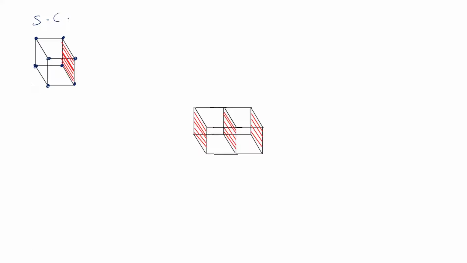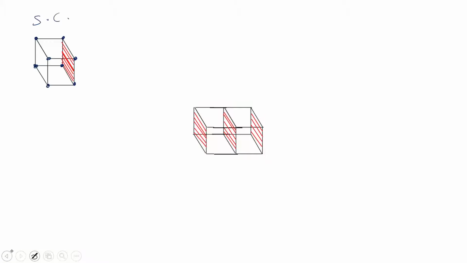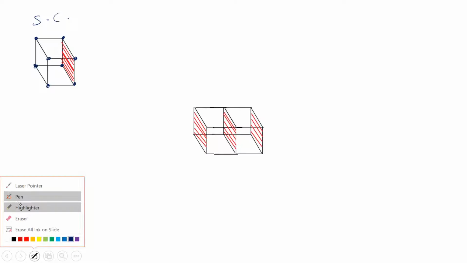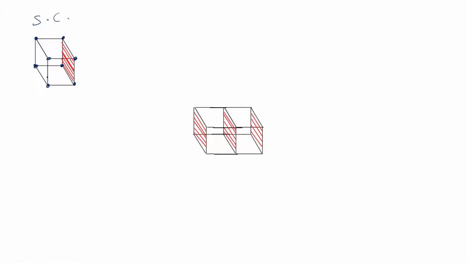Then we will take the origin as O. This is the x-axis, this is the y-axis, this is the z-axis. From O to this point is a, O to this point is b, and O to this point is c.